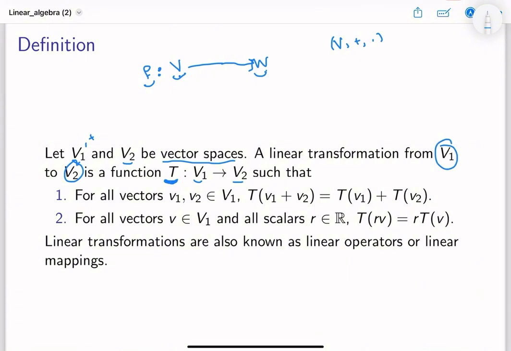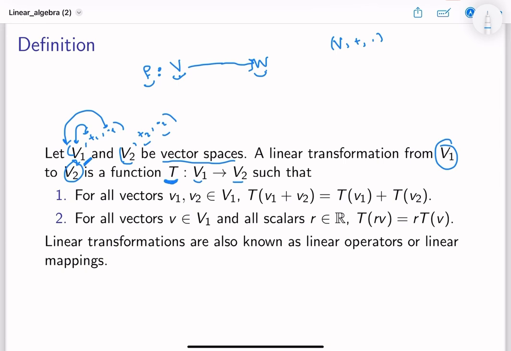I'm going to call them +1 and dot 1, and then I'm going to call those of V2 +2 and dot 2, just to indicate that this addition corresponds to this vector space and this scalar multiplication corresponds to this vector space, and similarly for these operations, right? Because they need not be the same.